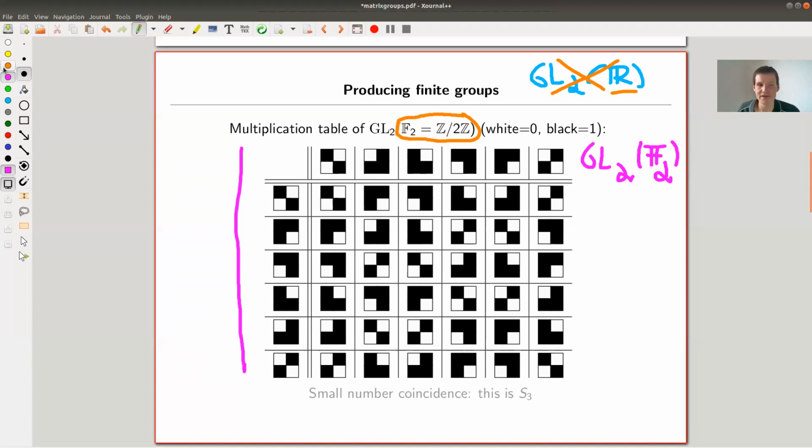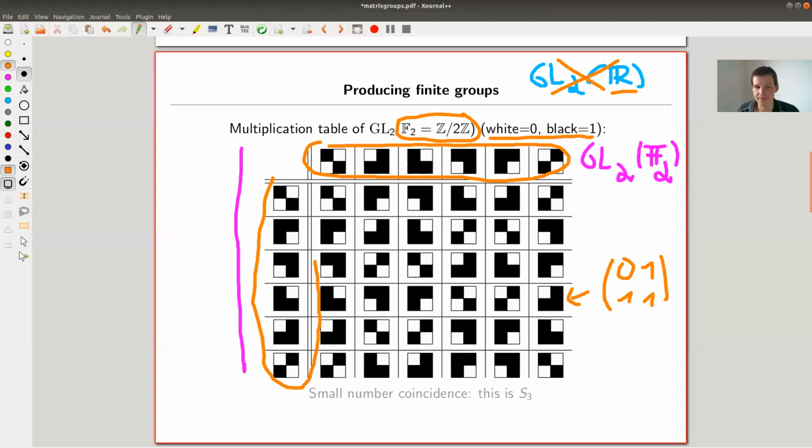So I can illustrate them by using black and white. This guy, for example, is secretly the matrix 0, 1, 1, 1. Makes some sense, right? And you can check that GL2 over F2 has only 6 elements, namely those 6 matrices here. Because it's a multiplication table, they also reappear here, of course.